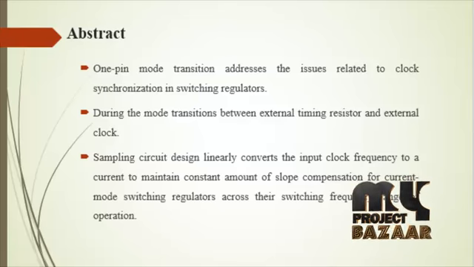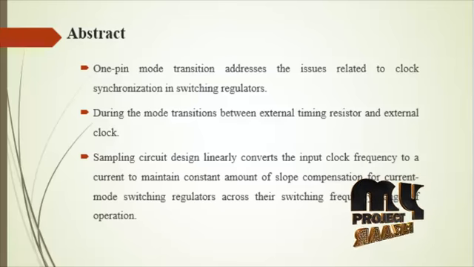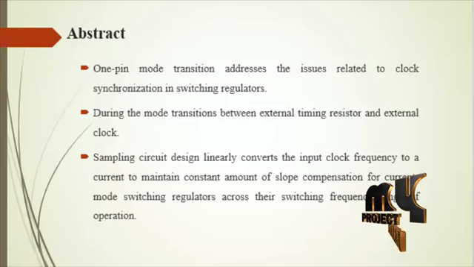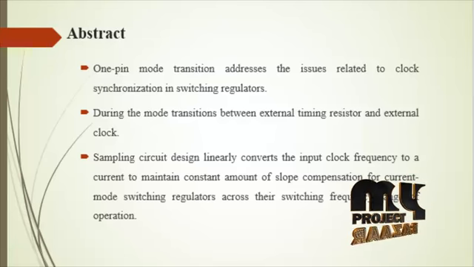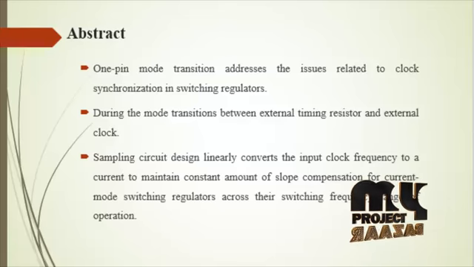This paper describes a 1-pin mode transition circuit that addresses the issue of clock synchronization in switching regulators during the mode transition between an external timing resistor and an external clock.